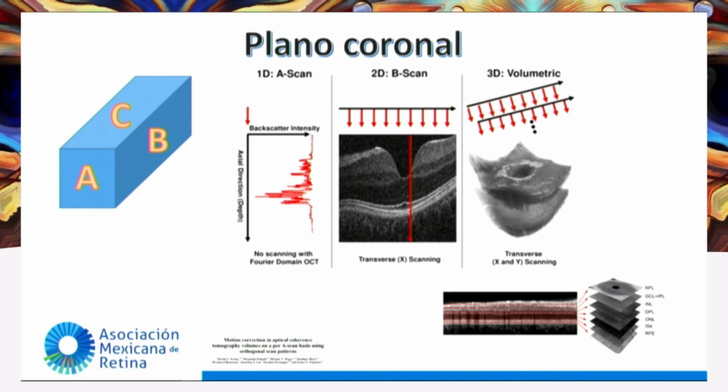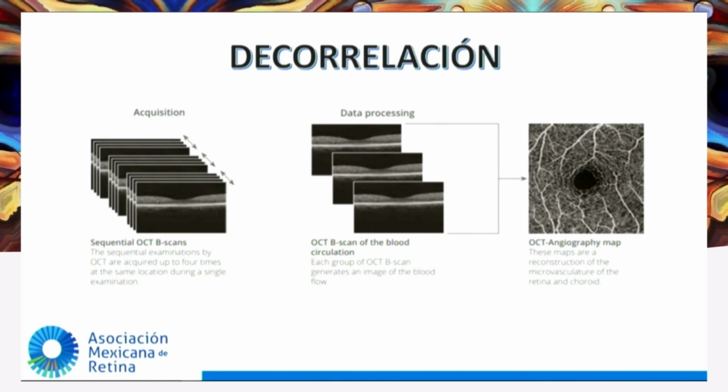You already mastered them. And we have scans in a horizontal direction and in a vertical direction. Then the device can bring about a 3D image. So the device will show this on plane C, on the coronal plane. And then it will yield these images.